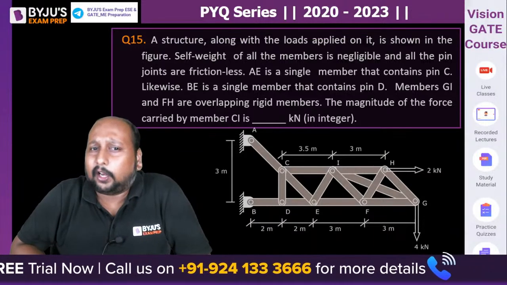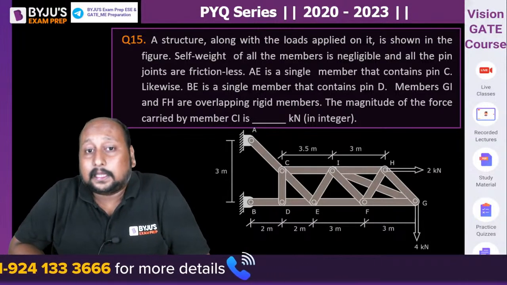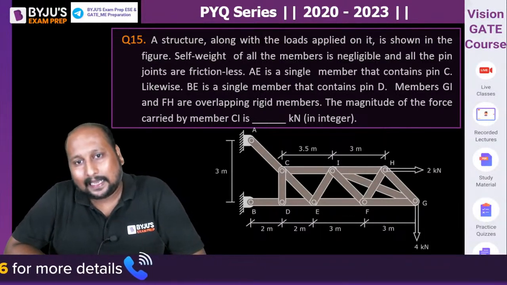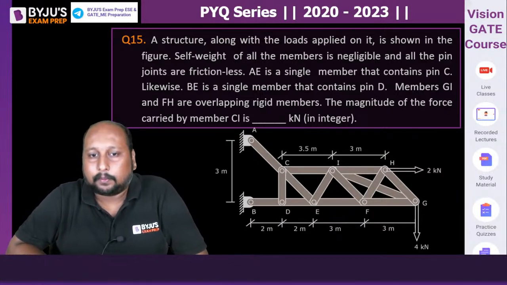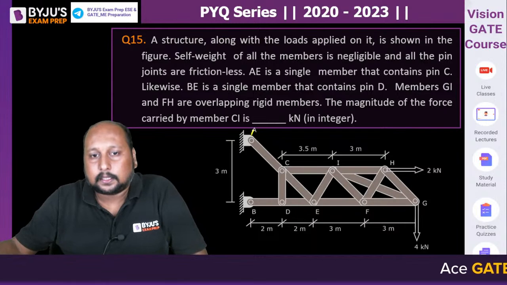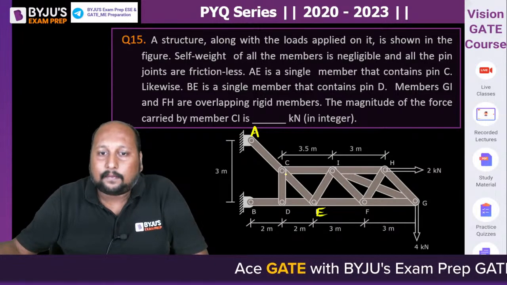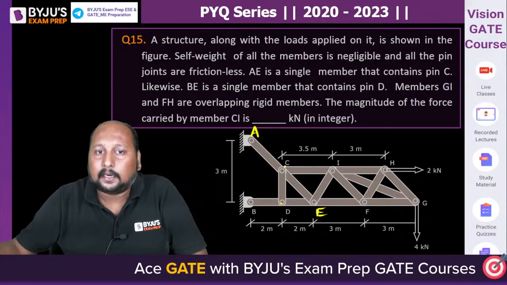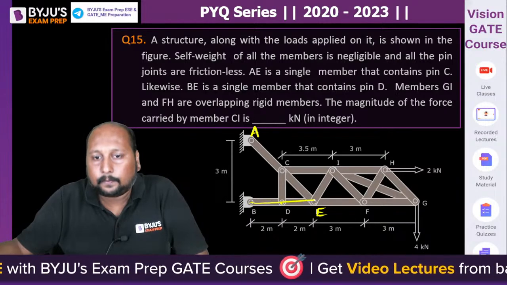A structure along with the loads applied on it is shown in the figure. The self weight of all the members is negligible. All the pin joints are frictionless. AE is a single member. Where is AE? This one is AE. This is A, this is E. AE is a single member and it contains point D, and BE is a single member, right?